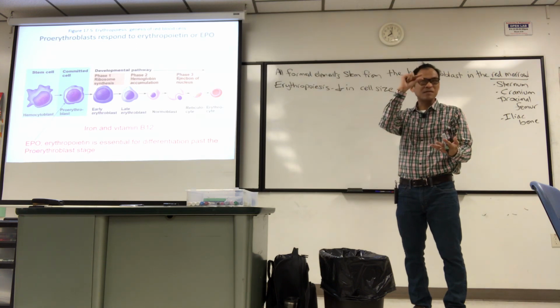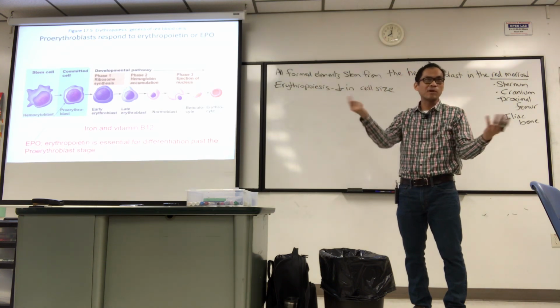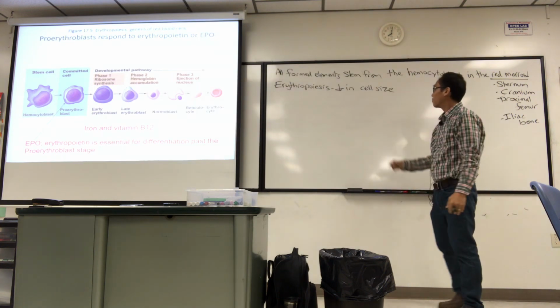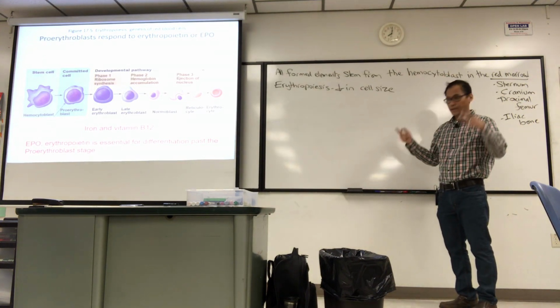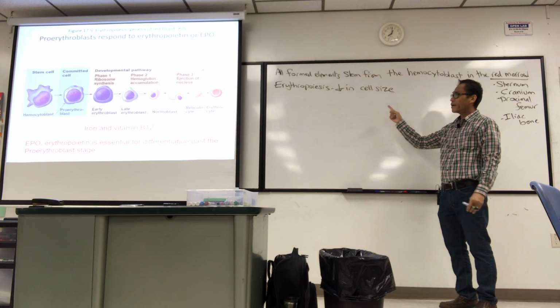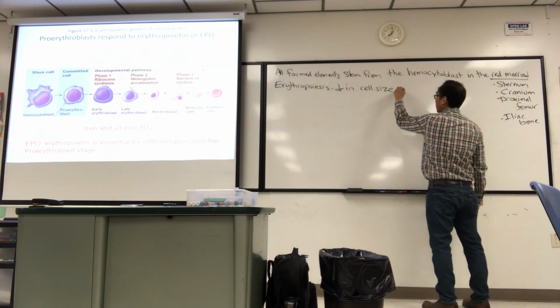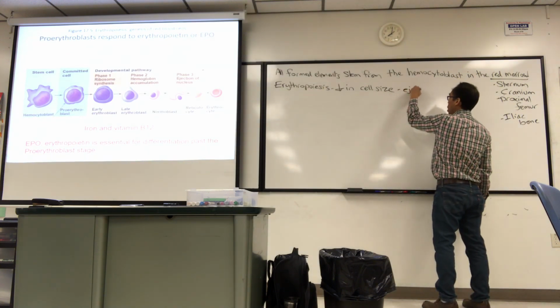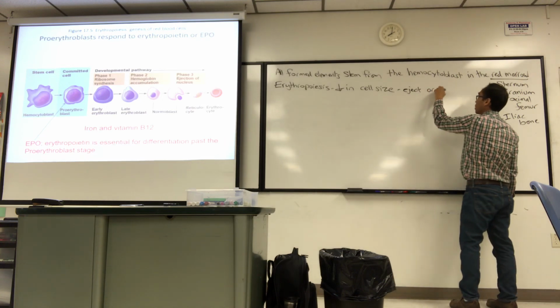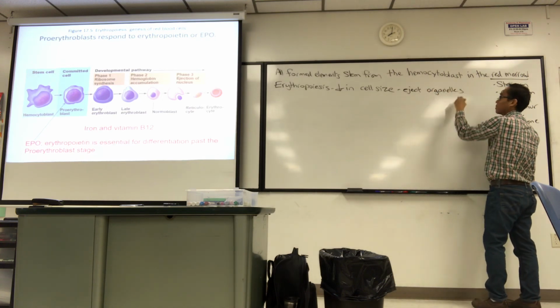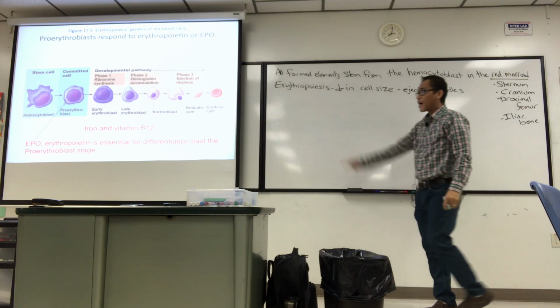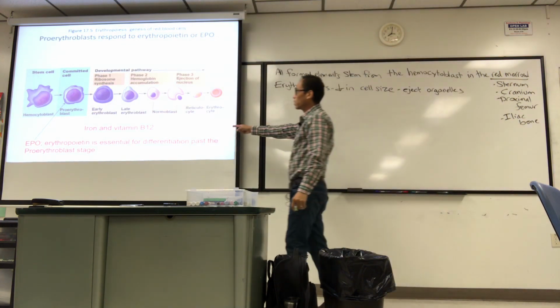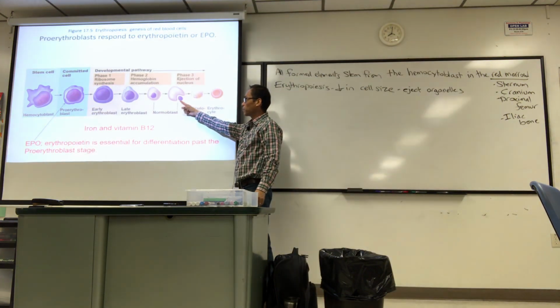The capillaries, right? British people say capillary, we say capillary. They got to squeeze through there, so they got to kind of get smaller. So you get smaller because you eject organelles. The last thing they eject is the nucleus. Once you eject the nucleus, you can't do anything, so you're done, basically.